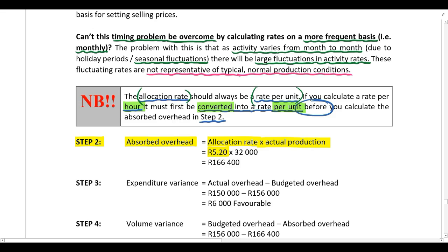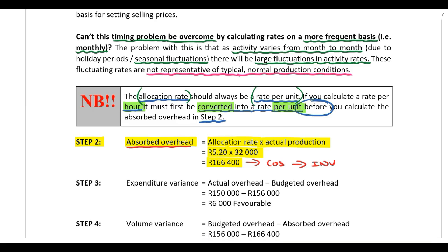And please note, in this question, they actually produced 32,000 units this year. So that gives us an absorbed overhead of 166,400. And please note, it is the absorbed overhead that is taken to cost of sales and that gets used in inventory valuation. So we don't use the actual fixed overhead in our calculation, we use the absorbed overhead.